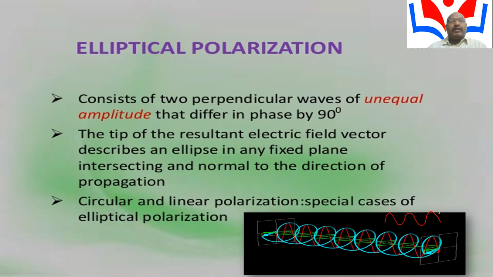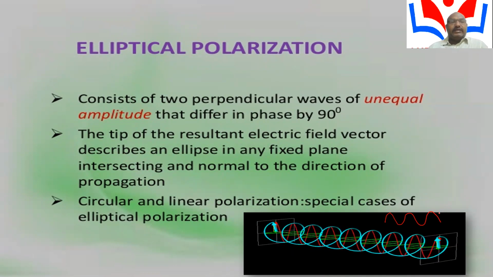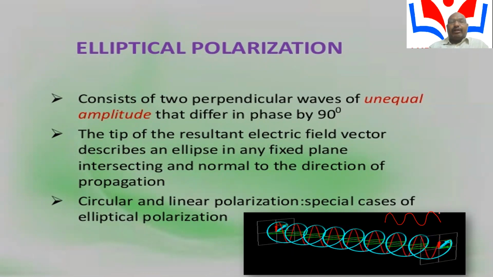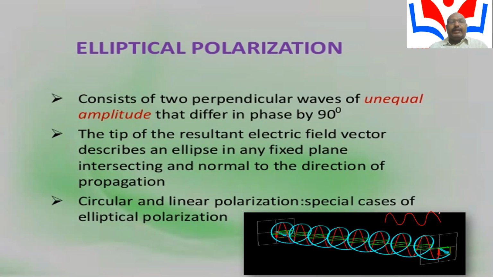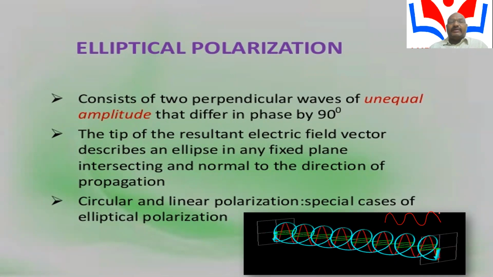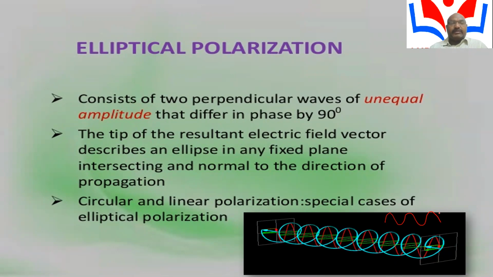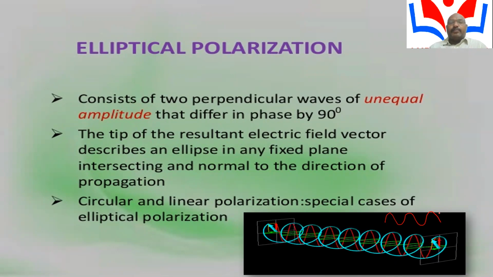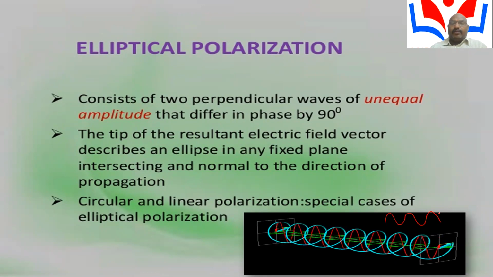The tip of the resultant electromagnetic vector describes an ellipse in any fixed plane intersecting or normal to the direction of propagation. Circular and linear polarization are special cases of elliptical polarization.